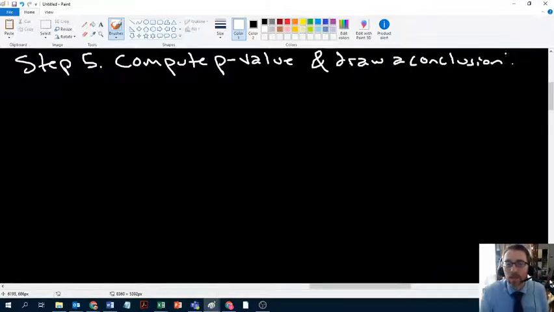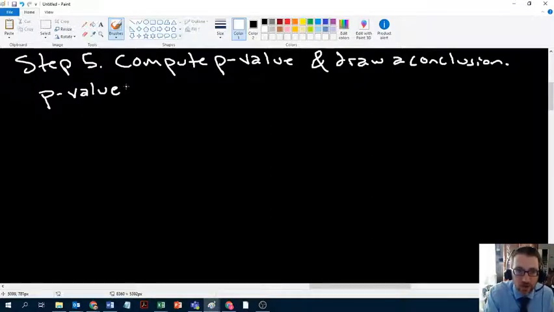So in step 2, we chose a level of significance, and we defined that as how unlikely a sample would have to be, assuming the null is true, for us to abandon our belief in the null. Our p-value, and I've said this before, I'll say it again, every number is the answer to a question, right?